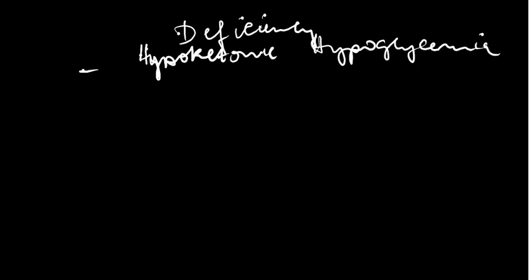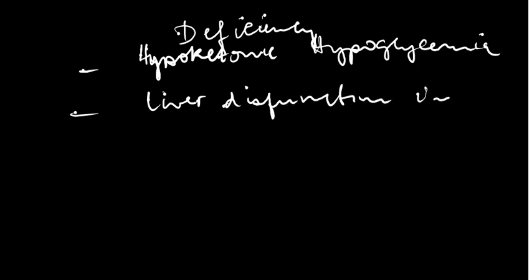Okay, we also have liver dysfunction, which results in liver damage, or rather liver failure. Then the other type of deficiency is the carnitine acyl translocase deficiency. Okay, this is the other type of deficiency. So this one is deficiency 2.